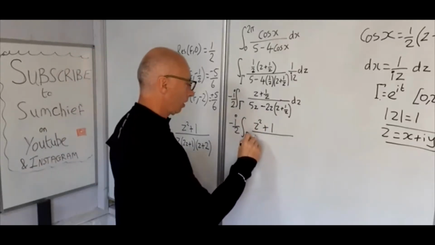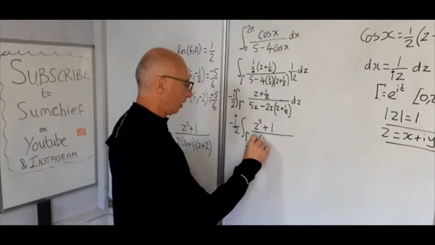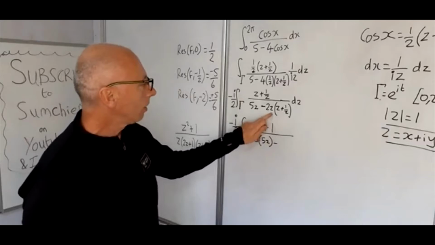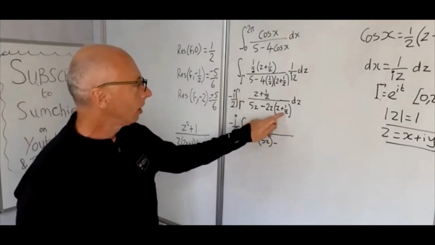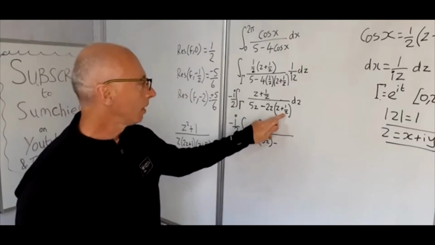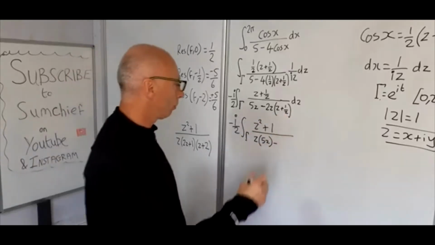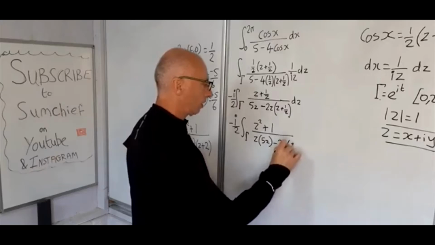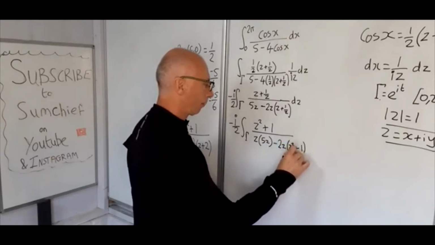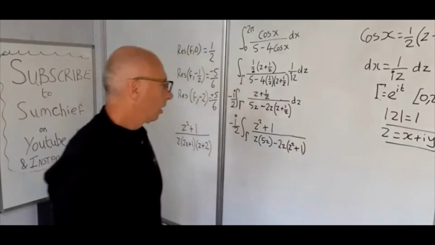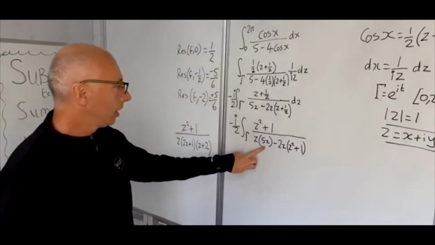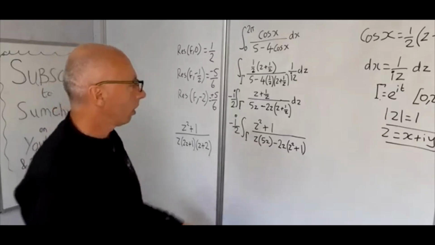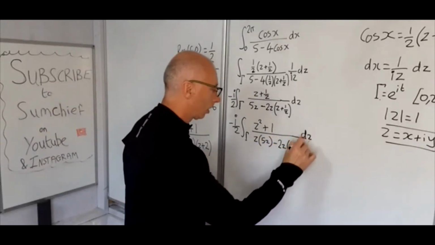So we'll end up with 5z minus, now instead of multiplying this by z, let's multiply this one by z. That way we get this 1 over z term removed. It's minus 2 over z, z squared plus 1. Okay, let's do some algebra on this and see what we can get to now. Oh, don't forget the dz, of course.